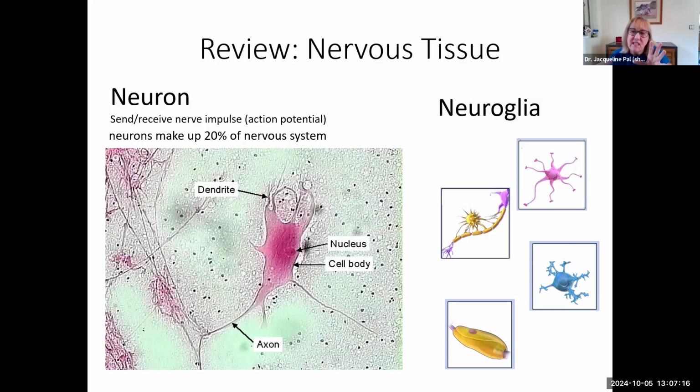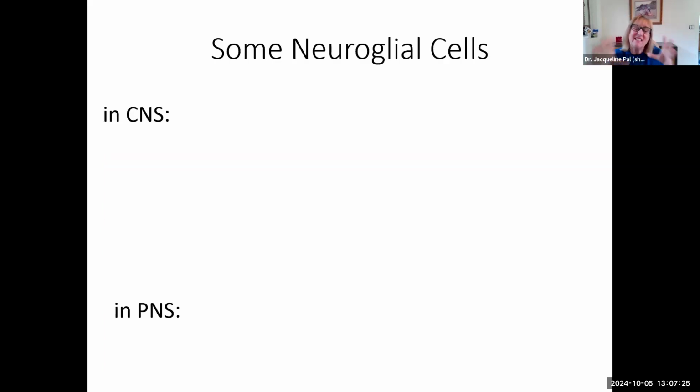After we're done today, come back and look at these different pictures and see if you can figure out what each one is, because there are actually 6 different types of neuroglial cells. 4 of them live only in the central nervous system, and 2 of them live only in the peripheral nervous system. The good news is we're not going to learn about all 6 of them in this course.